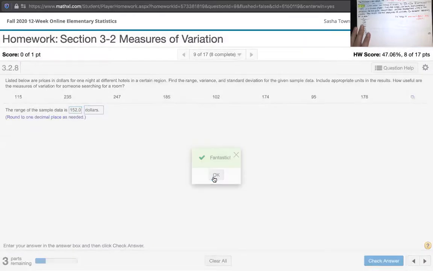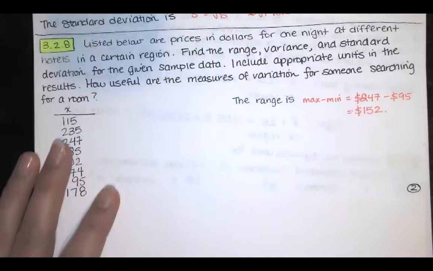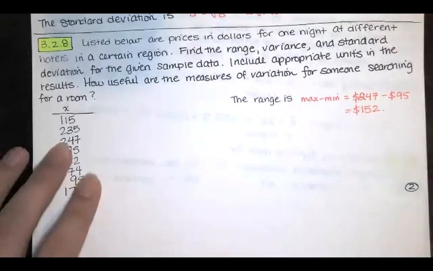Okay, great. And then the next thing it asks us for is the sample standard deviation. So I will stop sharing my screen with you and we'll work out the sample standard deviation.